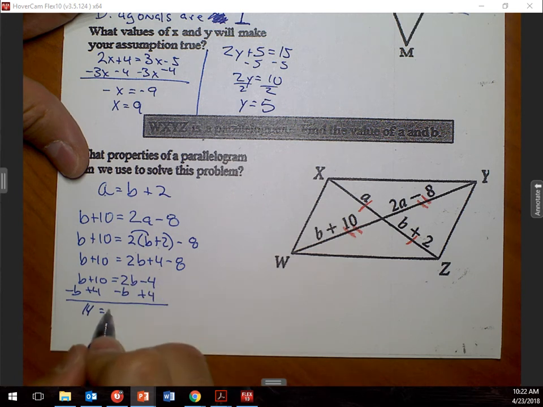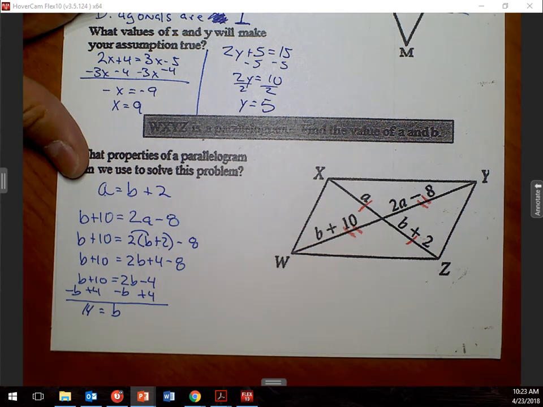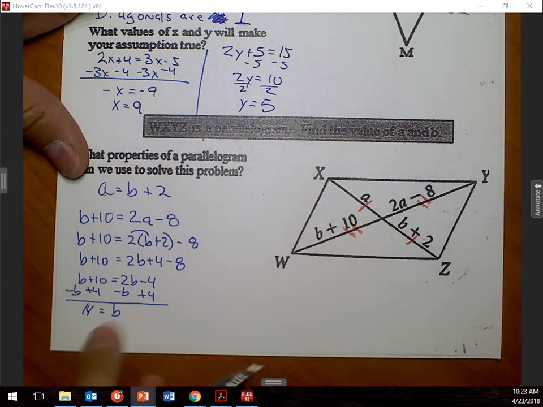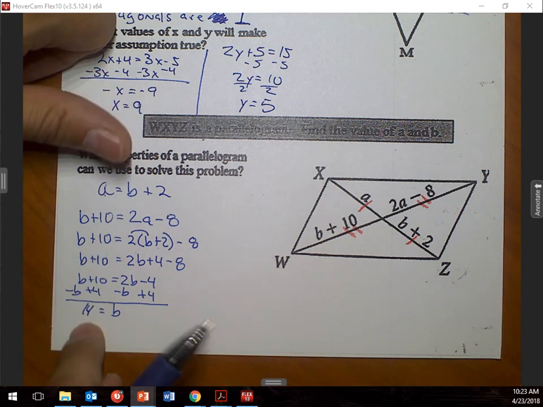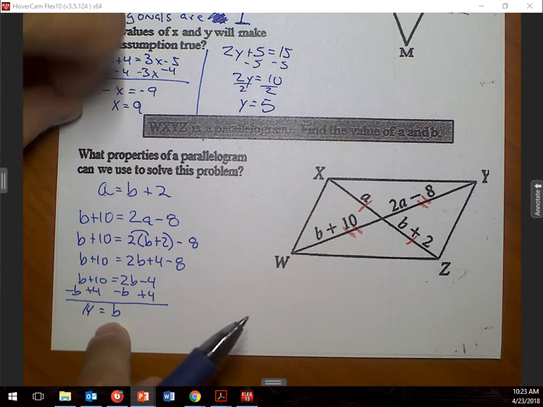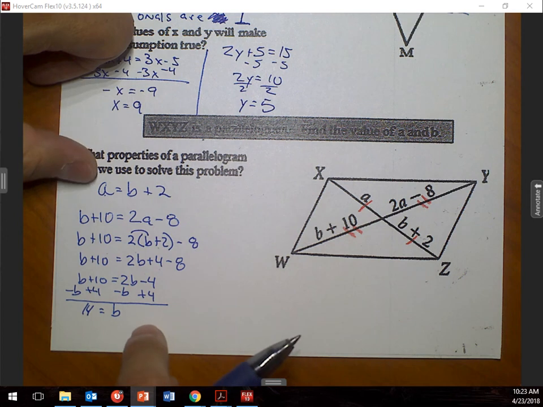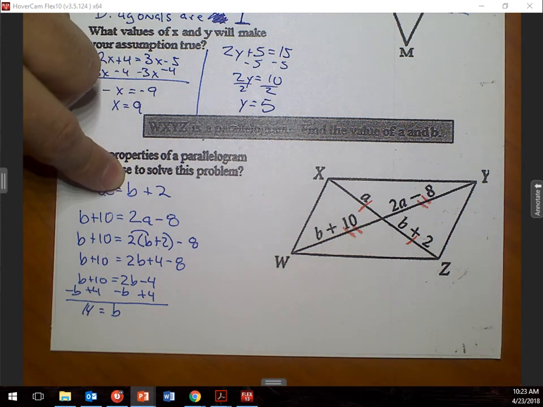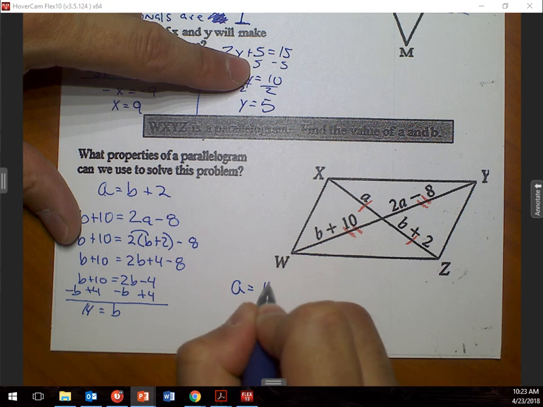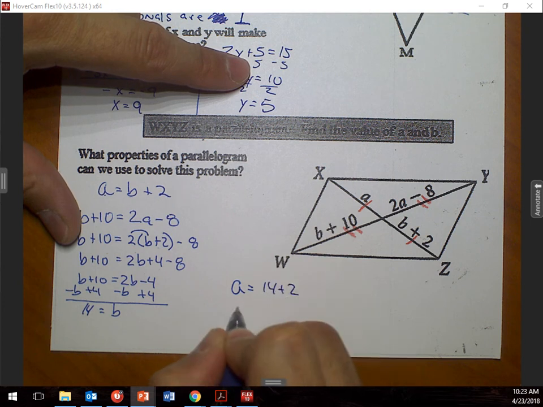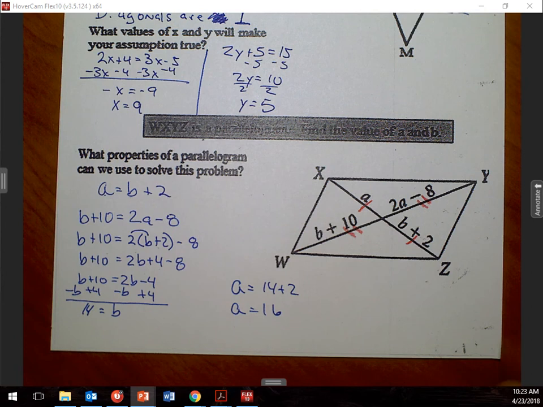Just 1b, right? So that works out nice and neat. So b is 14. What would I do to try and figure out a now? Plug it in right here, right? So a is equal to 14 plus 2. a is 16. So now we have a value for a and we have a value for b.